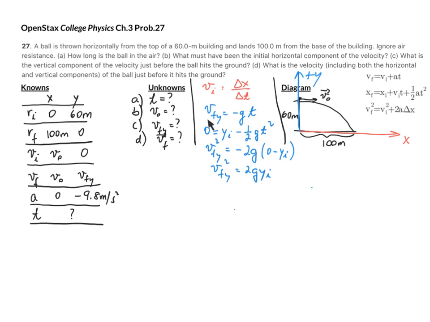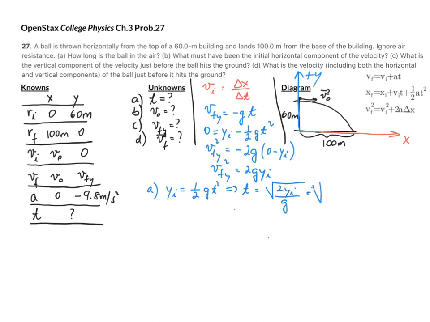In the second equation, I can't use that either because I don't know the final velocity in the y direction and I don't know the time. But the third equation here, I know everything except for the time. So I will use that, and I will say, okay, for part A, y initial is equal to 1/2 gt squared, which means then that t is going to be square root of 2y initial divided by g.